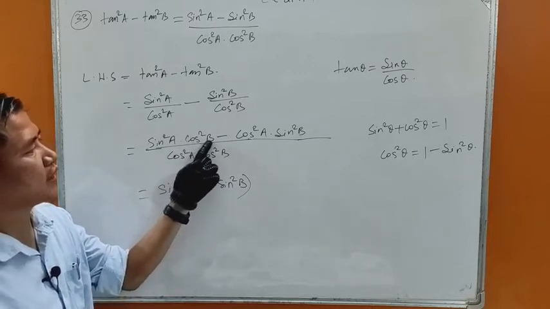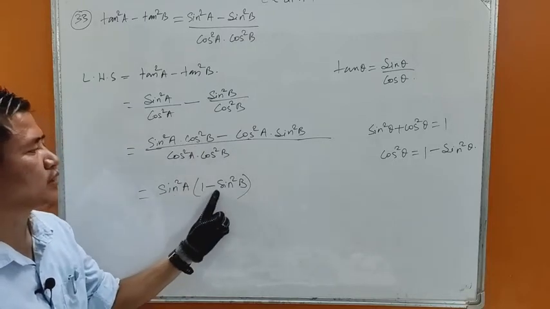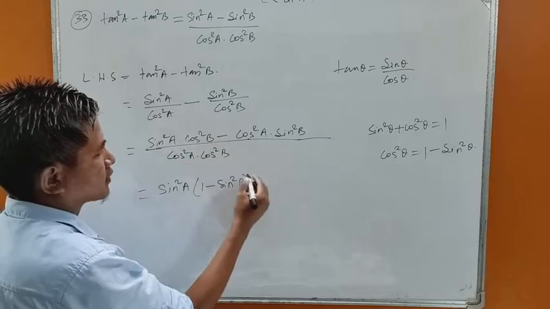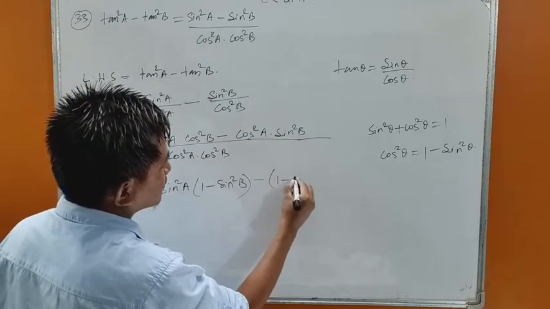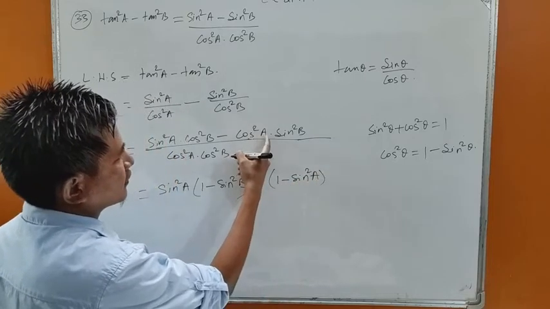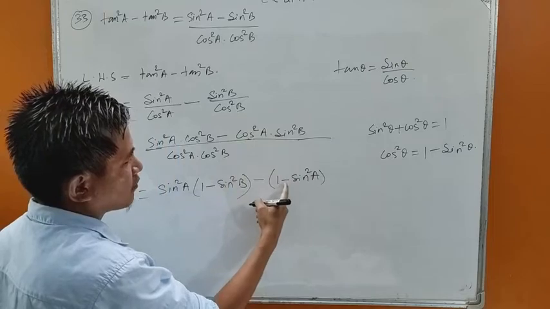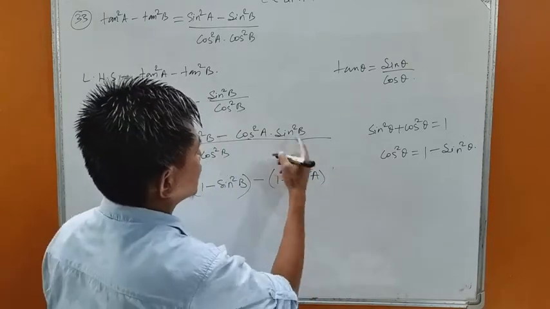The angle is b, so we must write the same angle. Now this minus sign comes here. So instead of this cos square a, I write 1 minus sin square a, the angle is a here, into sin square b.